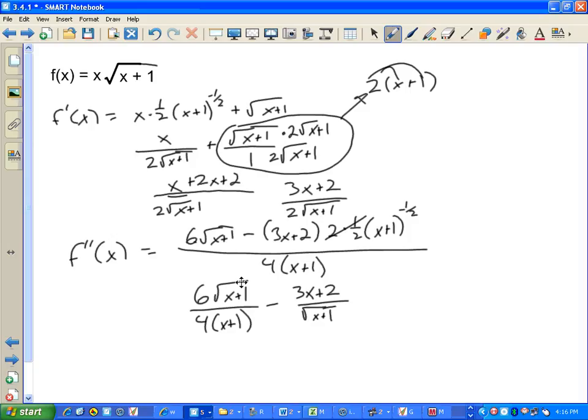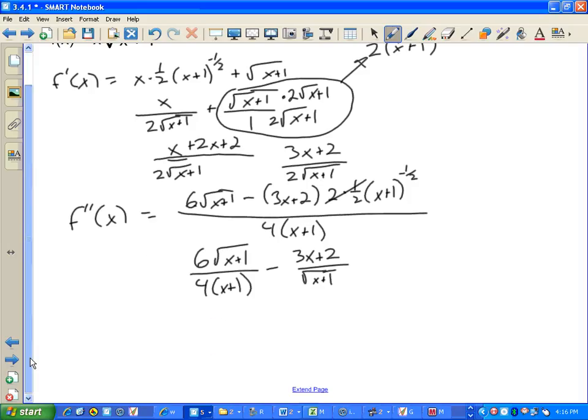So again, let's get a common denominator here. Actually, if I just reduce this, because this is x plus 1 to the 1/2, this is x plus 1 to the 1. So if I subtract my exponents, I'm going to get 6 on top, 4 square root of x plus 1. So all I really need here is a 4 on the top and bottom. So that's going to give me minus 12x minus 8.